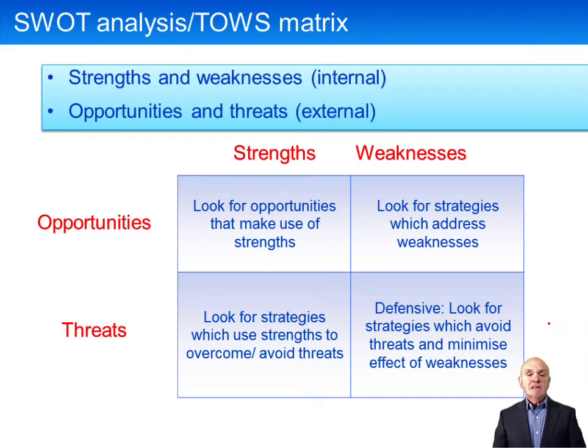SWOT analysis brings together the external, the opportunities and threats, and the internal, the M words: the money, the management, the machinery, the marketing, the know-how, and so on. Again, just identifying what's a strength and a weakness is pretty pointless. Identifying what's an opportunity and a threat is rather pointless.